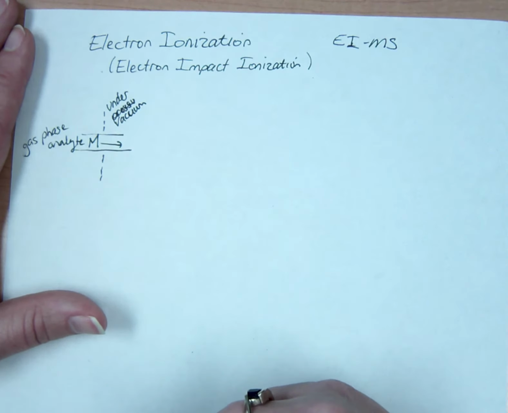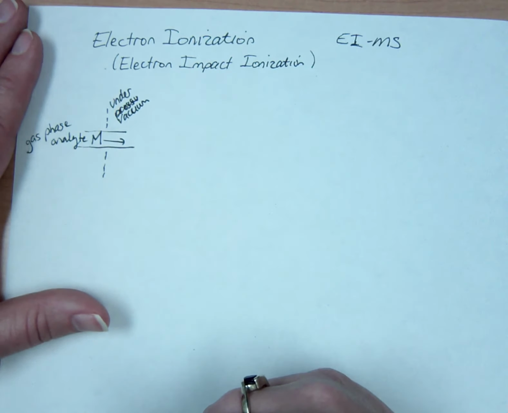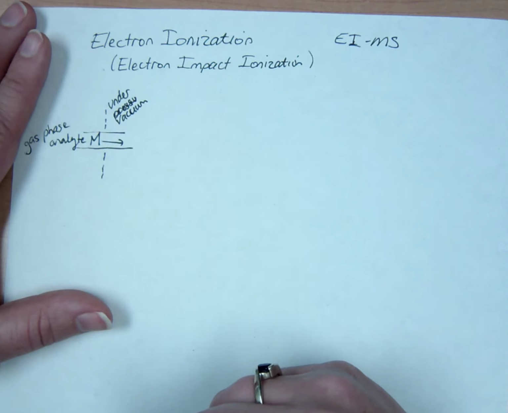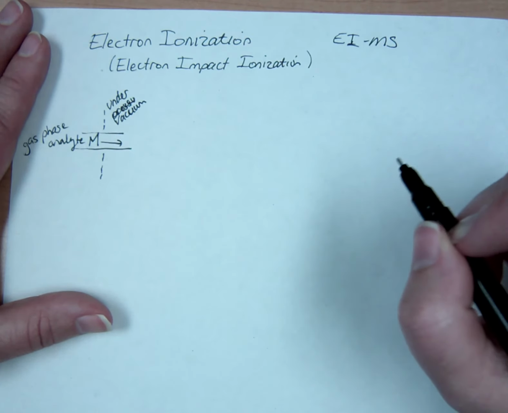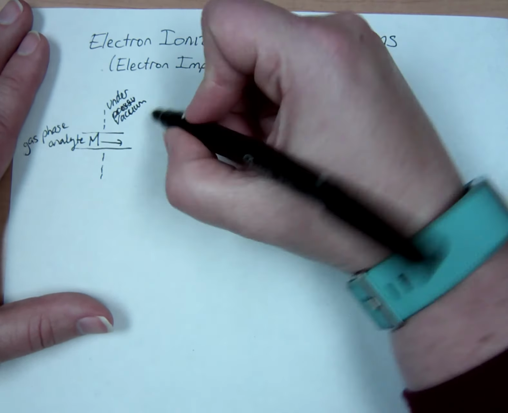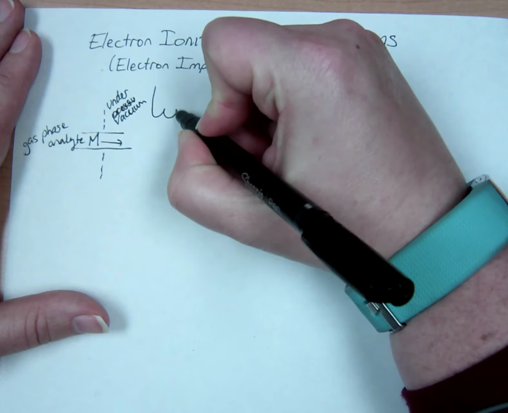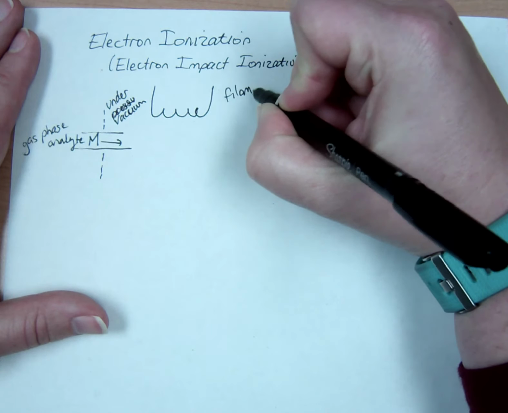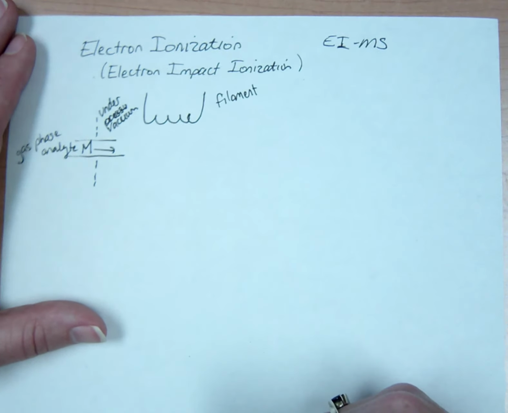And we're going to pass this molecule through a beam of electrons. So how do we get a beam of electrons? We need something that's going to generate electrons, and we'll use a little spiral filament for this. This filament is going to generate electrons.